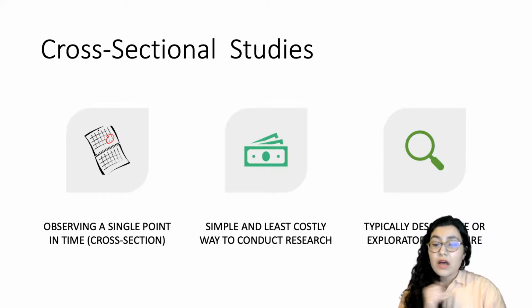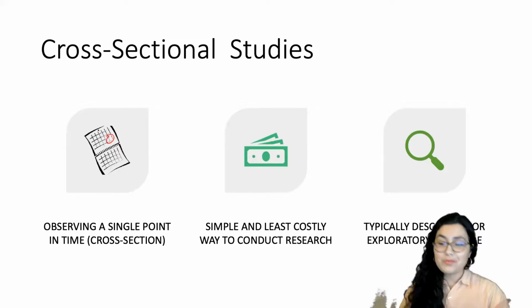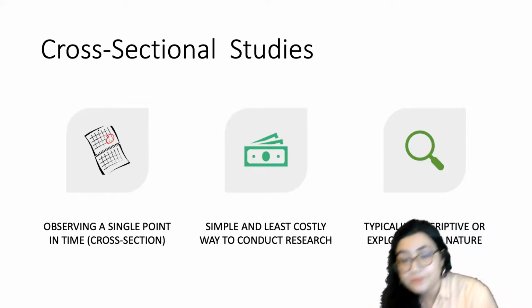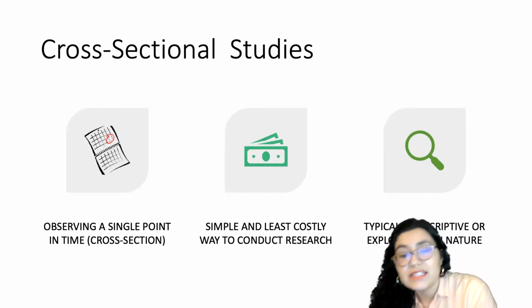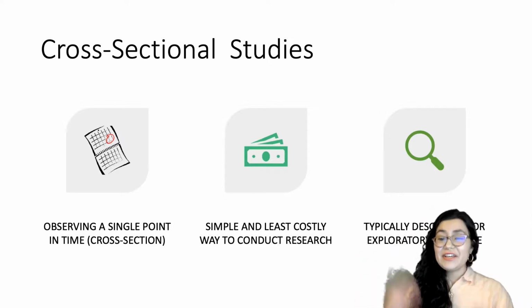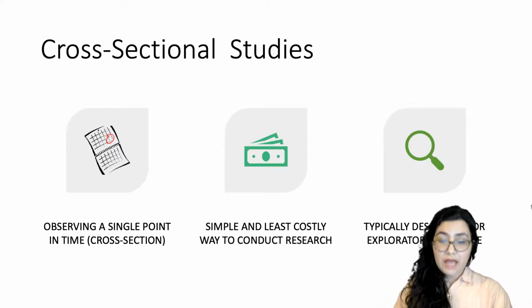So we can apply linear components to them and use regressions, which are a simple statistical model that like once you get the hang of it, it's pretty easy to do it in any other cross-sectional study. And so they're typically descriptive or exploratory in nature, unless there's an experimental randomization of sampling added to them.